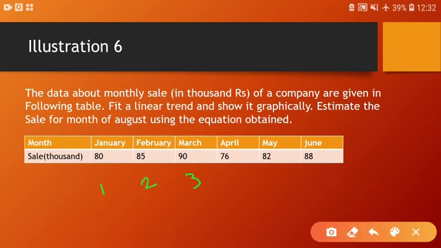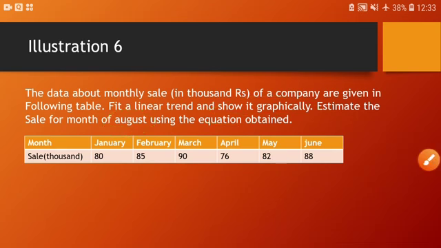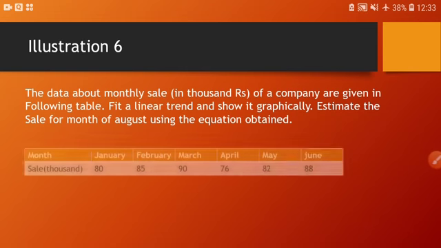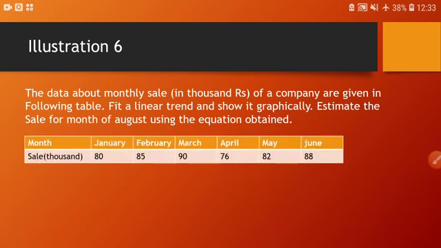Jan 1, 2, 3, 4, 5, 6. July will be 7. You are asked to find August, so August should be 8. So you need to find the value for t equal to 8. So this is the new question. Show it graphically, so we'll do that at the end of this sum. First we'll find the linear trend, and then we'll estimate the sale for the month of August.